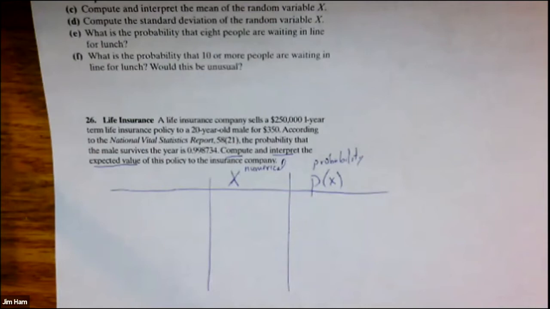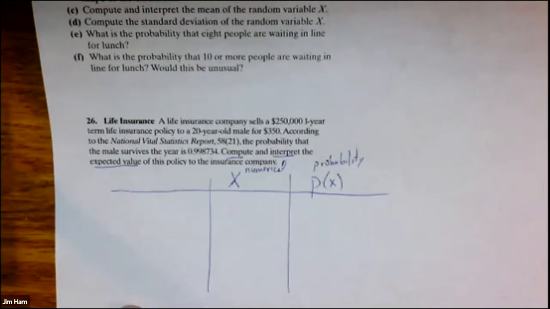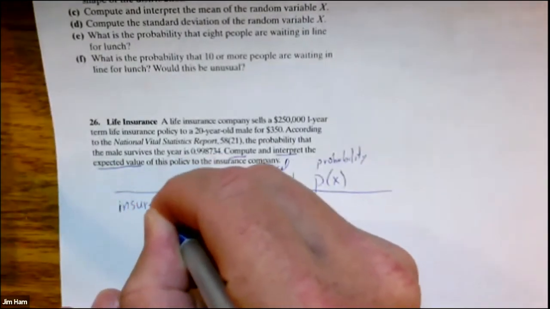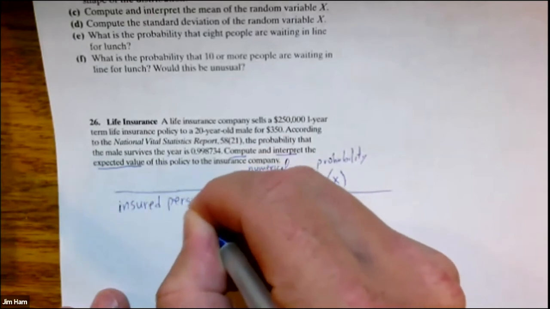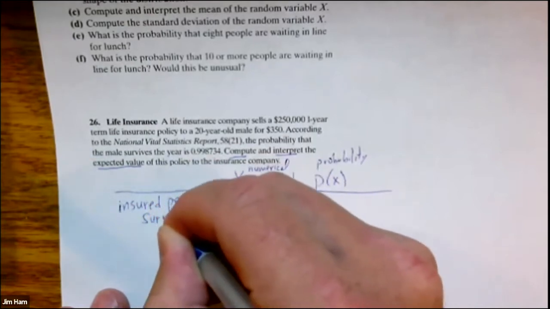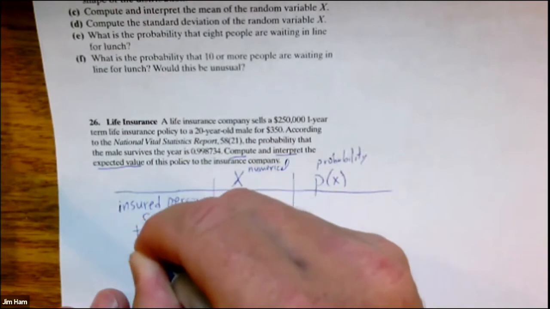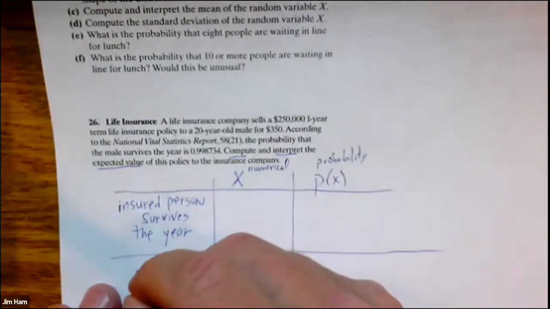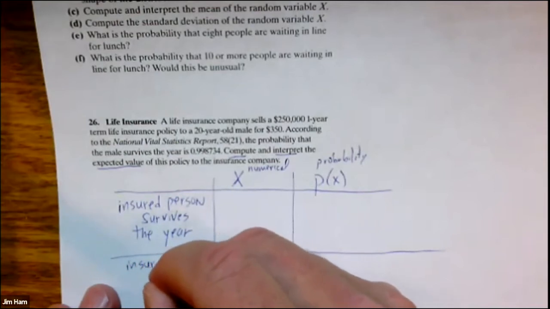The way a life insurance policy works is that you have two different outcomes. The insured person either survives the year, that is, they don't die, or the insured person dies.